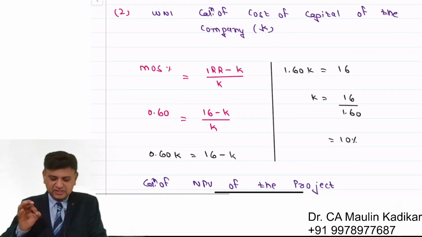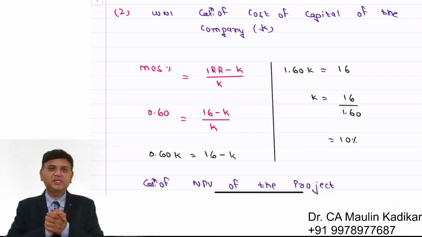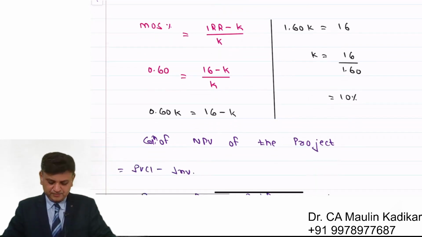The second question says to compute the NPV of the project. Importantly, NPV of the project is calculated by using the company's cost of capital as the discounting rate. So first of all, we compute the company's cost of capital. It is 10 percent, because margin of safety is given as 60 percent.